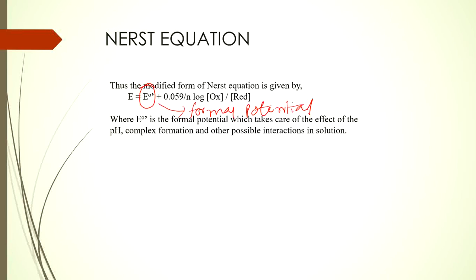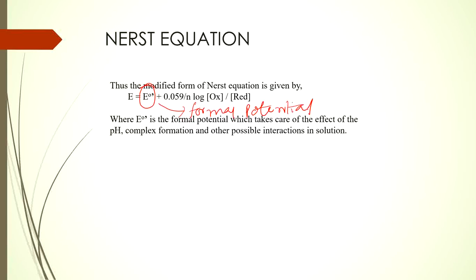So whatever the case other than the ideal. Suppose you are having the ideal case which we have studied so far, then we will go through the Nerst equation only, or we will go through the standard potential, that is the E0 value.